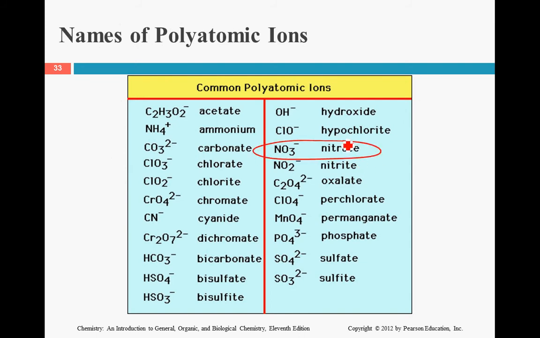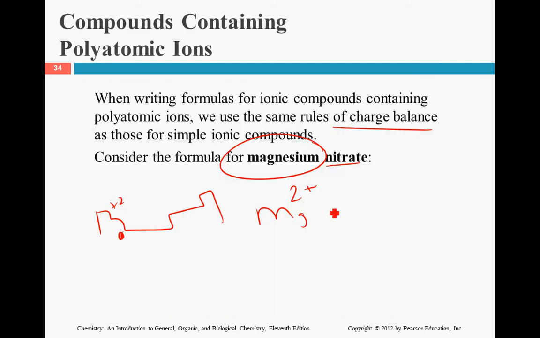It's NO3, so 1 nitrogen and 3 oxygens that share a -1 charge. So we're going to put that in parentheses. NO3 that all contain a -1 charge. And then we're going to do the crisscross like we did before. So that means we need 1 magnesium and 2 nitrates.